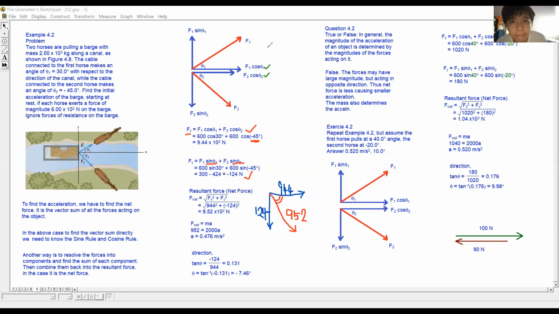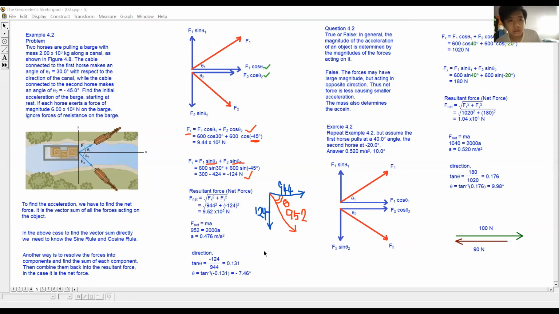In order to find this angle theta here, you have to use tangent, right? Tangent is the vertical component divided by the horizontal component. The vertical component is negative 124. The horizontal component is 944.